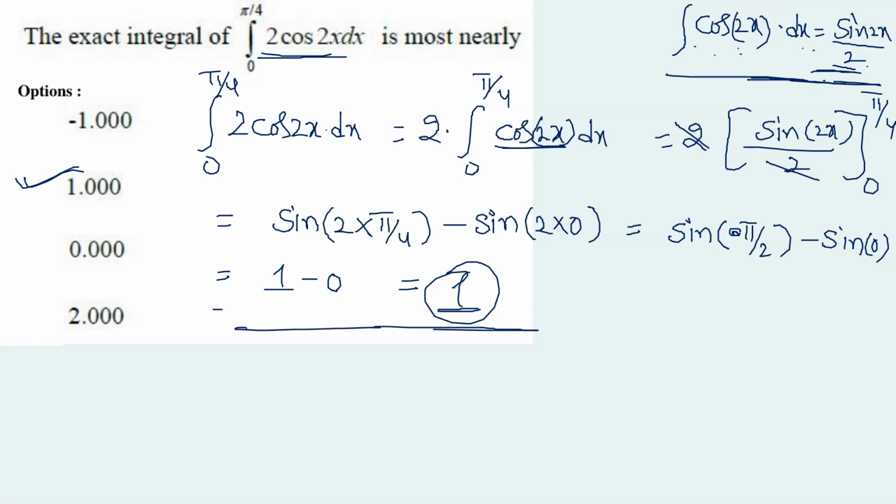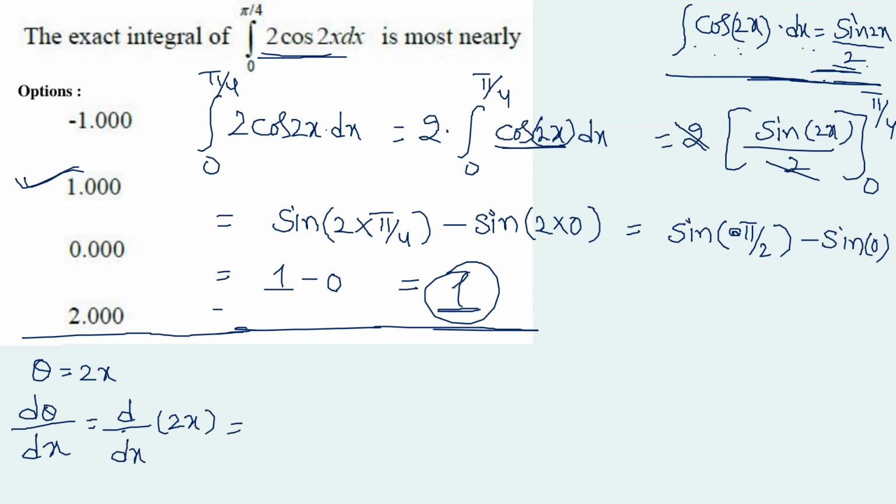In order to derive that, just consider theta equals 2x. Then let's find the derivative of theta with respect to x. d theta by dx is the derivative of 2x with respect to x, that yields 2. Rewriting this, we get d theta by 2 is equal to dx.